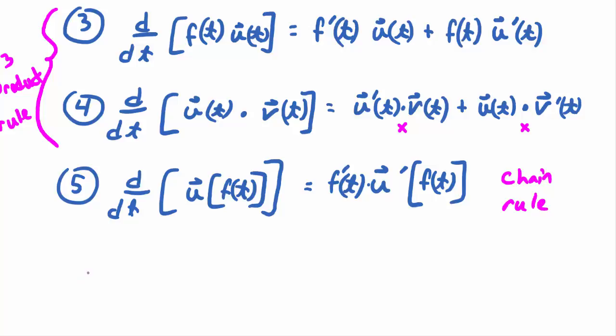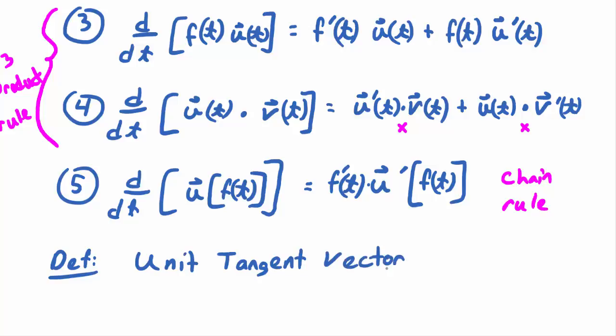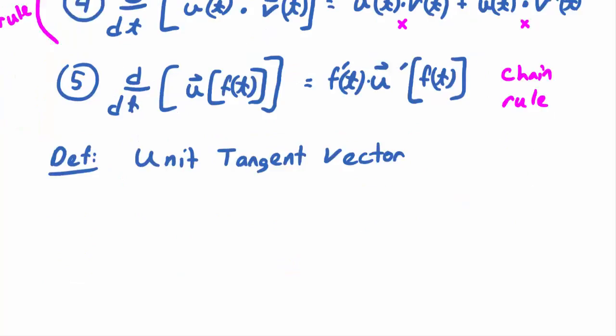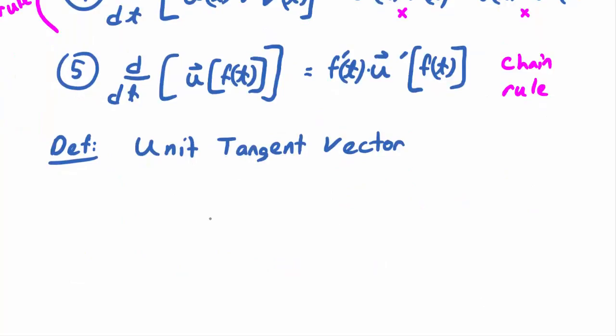All right. So to close it out, let me go ahead and define the unit tangent vector. We know r prime of t is a tangent vector to r of t, right? We examined that pretty closely today.